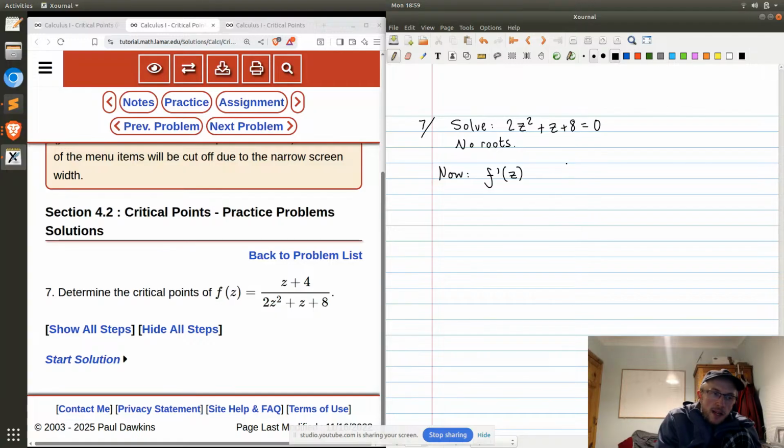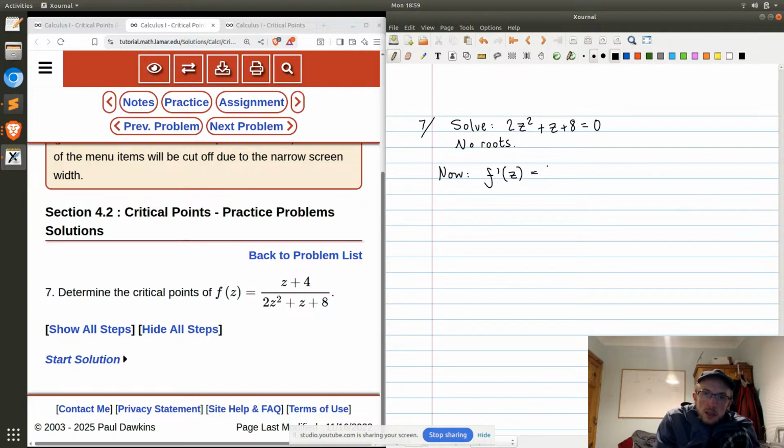Now f prime of z. Well, this is the quotient rule. F prime g minus f g prime all over g squared. F prime g, so that's just 1.